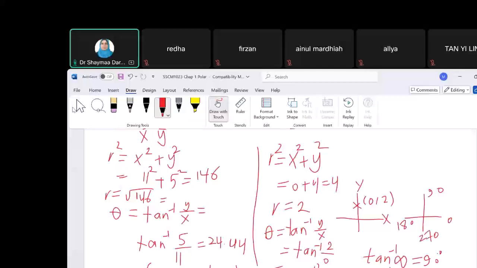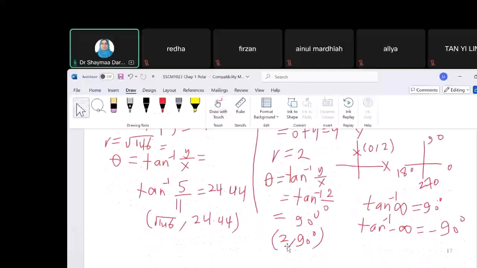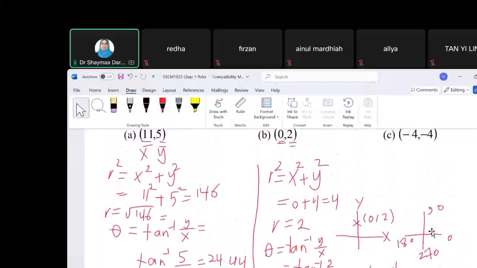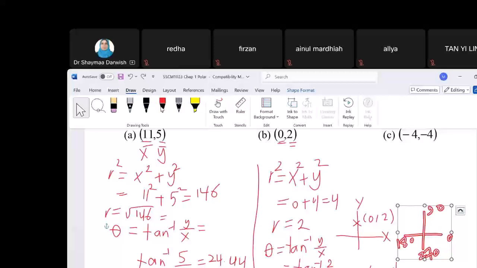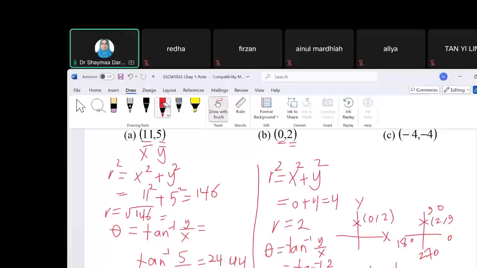Try to plot the point 2 and 90 degrees. 90 degrees is a positive angle, so I have to go from 0 to the 90 degrees. If you take r equal to 2, you have this point here. This is the point 2 and 90 degrees. So you are plotting the same point, in polar and in Cartesian.